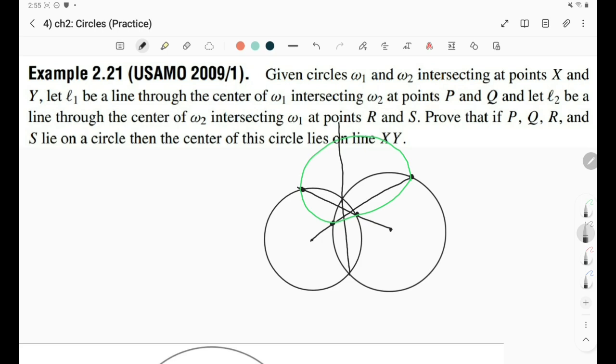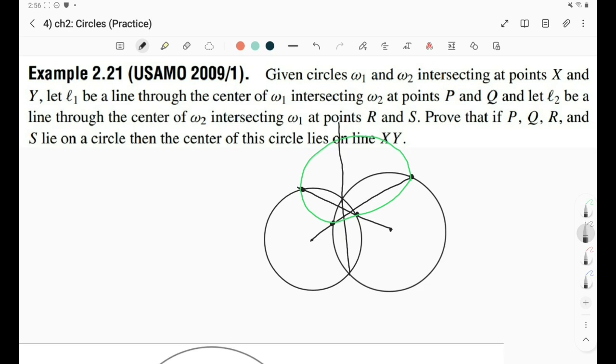Okay, so now if we want to draw the accurate diagram, as you can see, we have actually one challenge here. First of all, we can draw the two circles easily, take their centers, draw the two lines PQ and RS. However, they are putting an assumption that P, Q, R, and S lie on a circle.